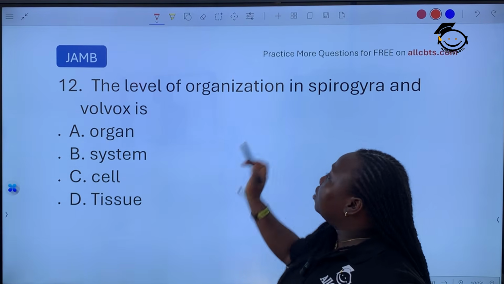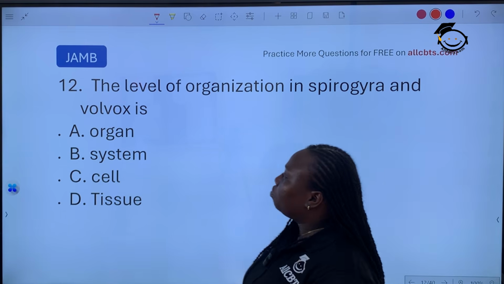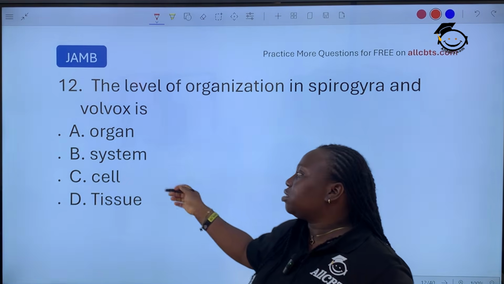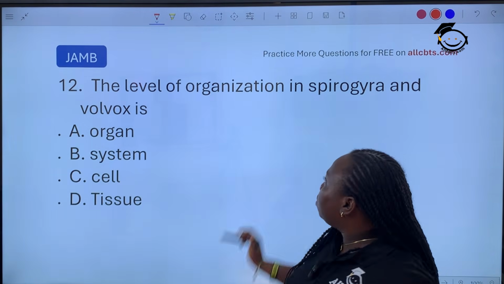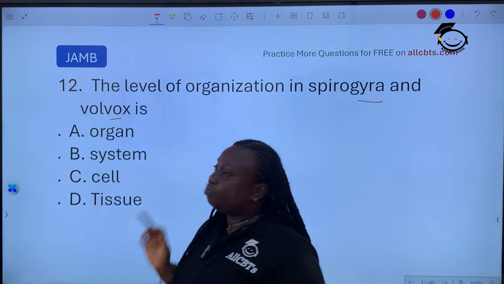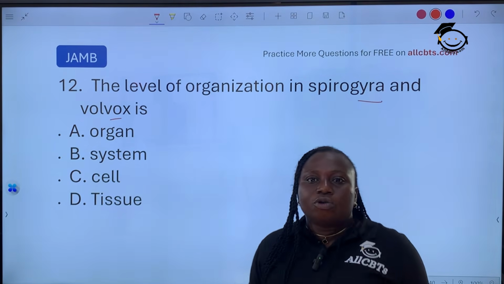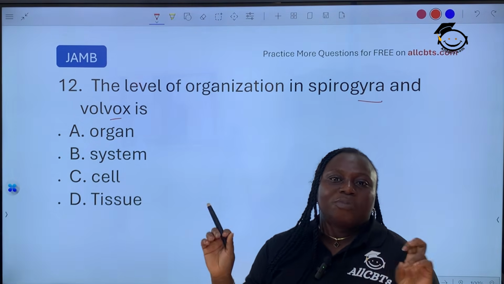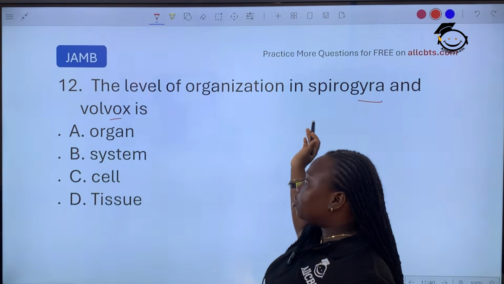Number 12, the level of organization in Spirogyra and Volvox is what? A, organ, B, system, C, cell, D, tissue. Most people don't know the level of organization that Spirogyra and Volvox belong in. Because we see Volvox mostly in colonies, we don't really understand what level of organization they exist in.